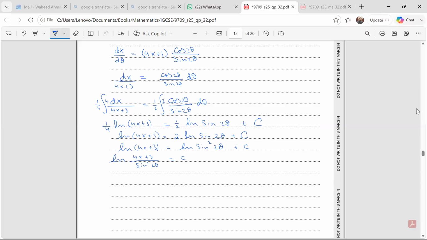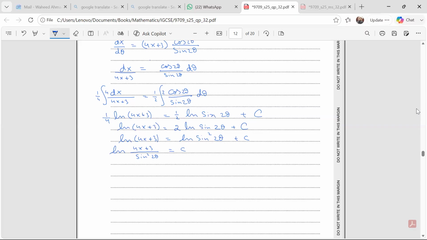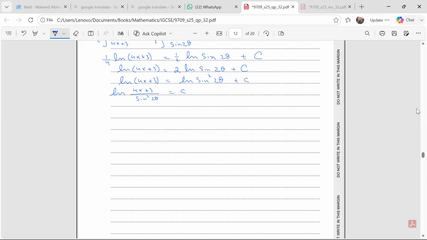Now I want to change it from logarithmic form to exponential form. If I take the exponent on both sides, (4x plus 3) over sine squared 2 theta equals e to the power of c, which is again a constant. So 4x plus 3 is equal to a constant times sine squared 2 theta.